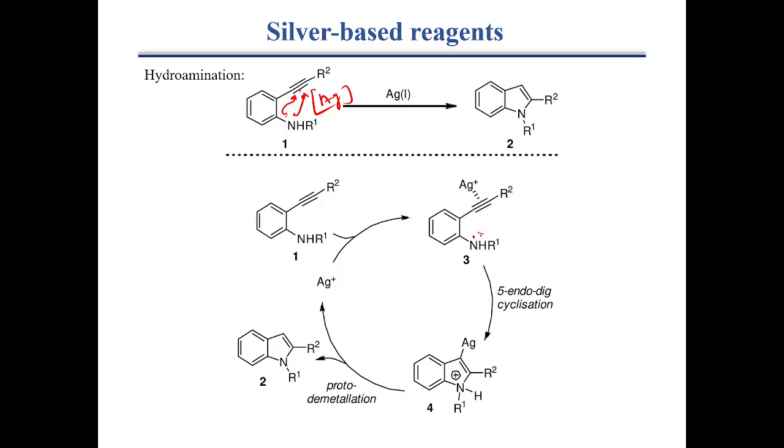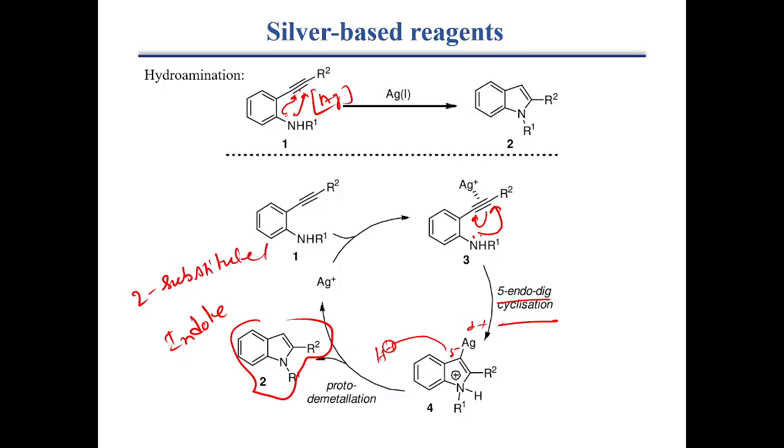So this amine reacts with this center via 5-endo-dig cyclization, and after that protodemetallation happens. This silver is partially positive, this is partially negative. Now in the presence of a proton source, protodemetallation happens, giving this indole ring. So this is a 2-substituted indole from these silver-based reagents.